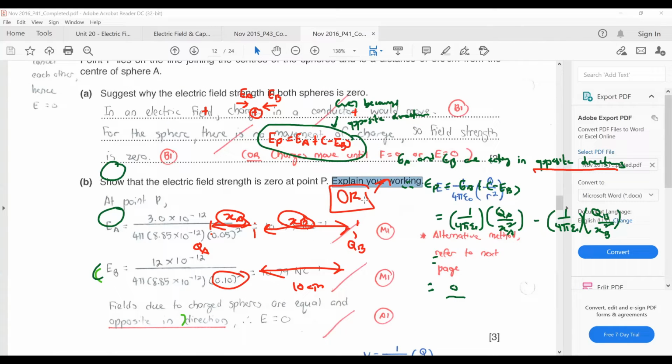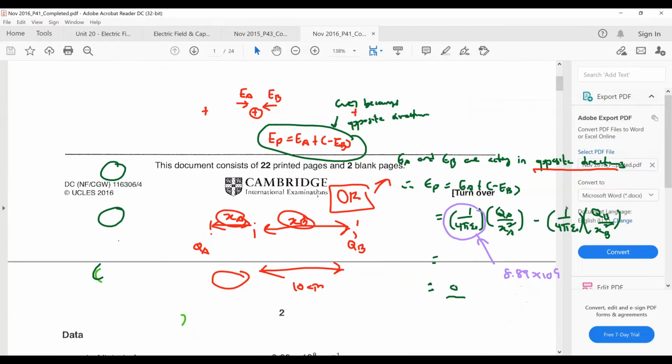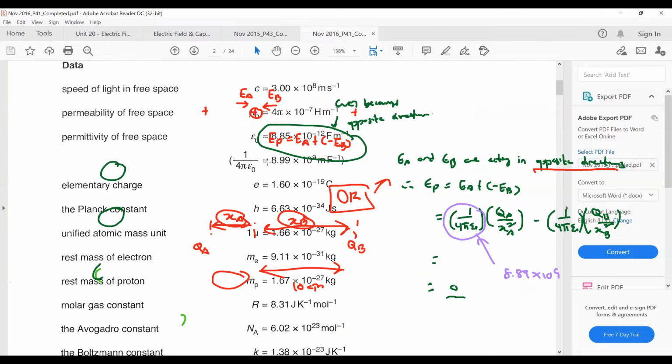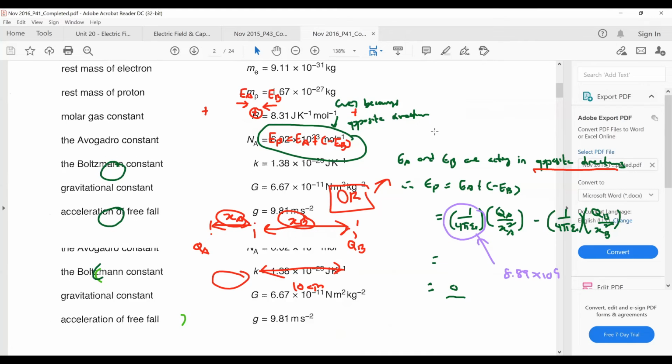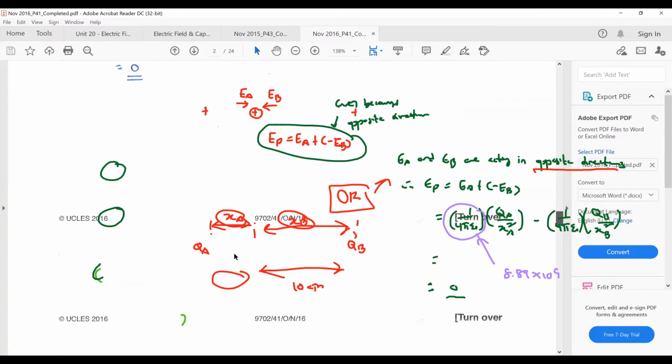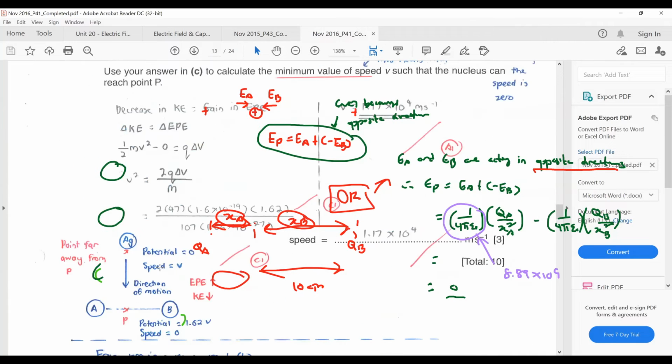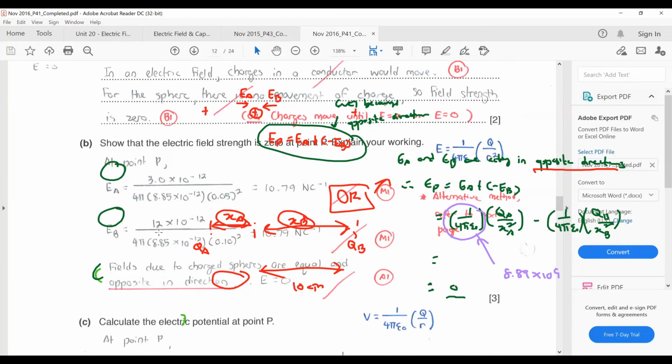And usually now you want to make your working a lot simpler and a lot cleaner. Your 1/4 pi epsilon naught, you can just straight away substitute with 8.89 times 10 power 9 because the values are already given in the first page of your data sheet. Yeah, this one, you can save more time rather than following like what I did, manual calculating 1/4 pi epsilon naught individually.